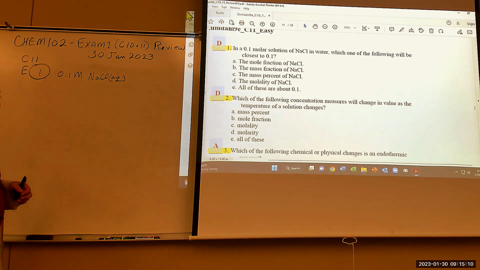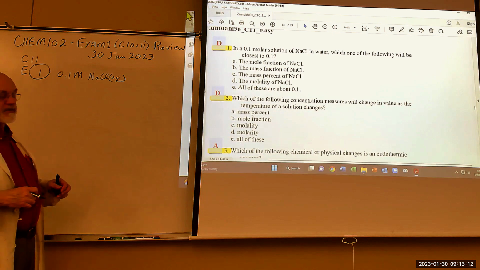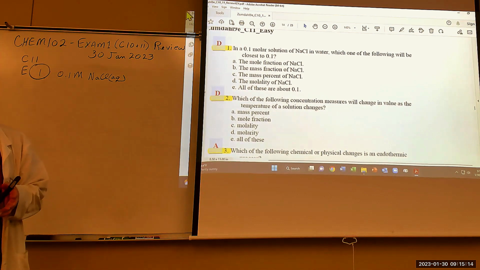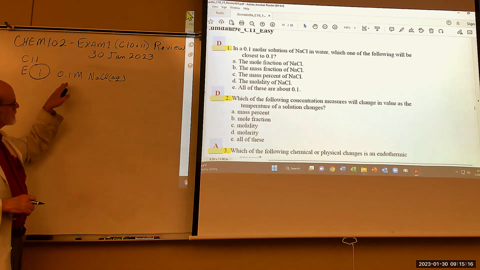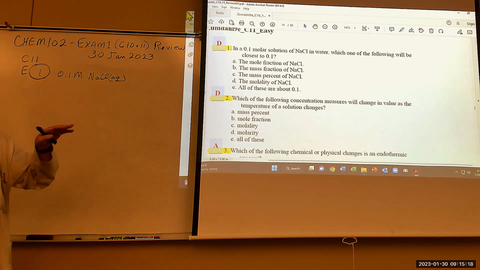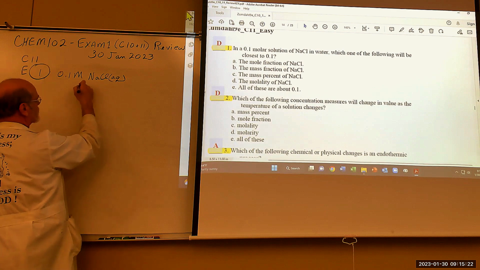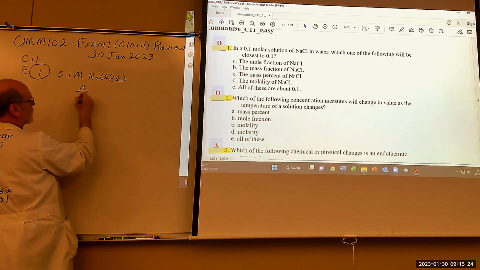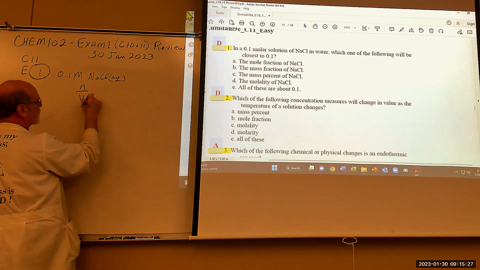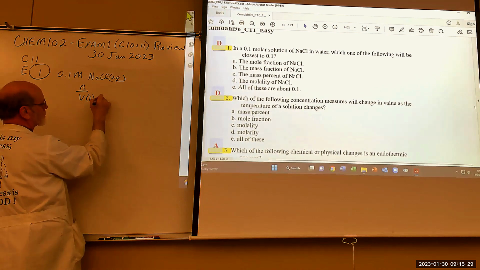If you're in a hurry, the safest bet is molality. Because with a dilute solution like that, remember the definition? Molarity is moles per volume in liters of solution.